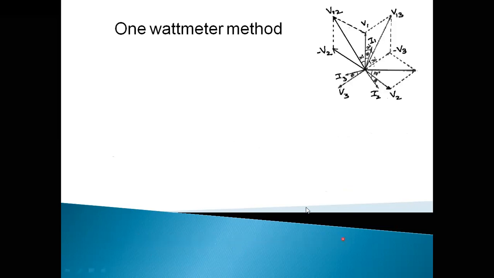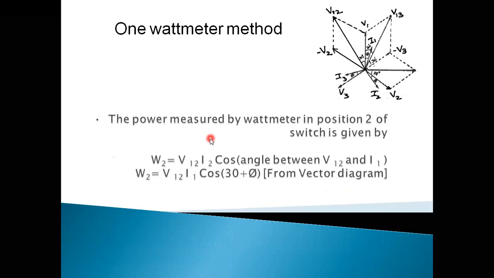Now, we'll see what is the power measured by the wattmeter when the switch is in position 2. W2: the pressure coil voltage is between phases 1 and 2 and hence it is V12. The current through the current coil is I1. Sorry, this is also wrong, let me correct it.